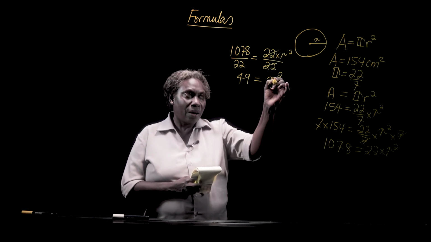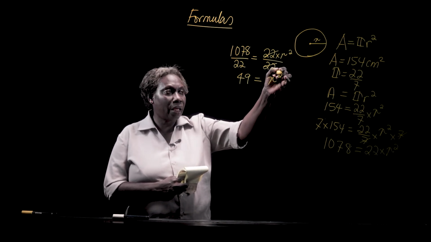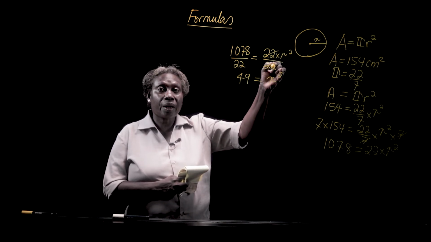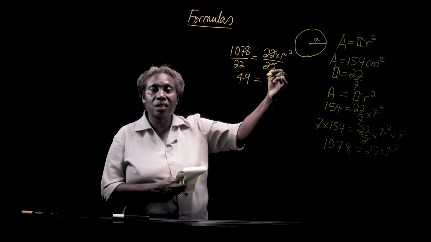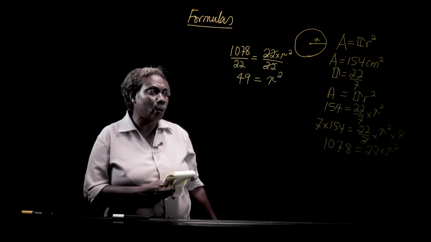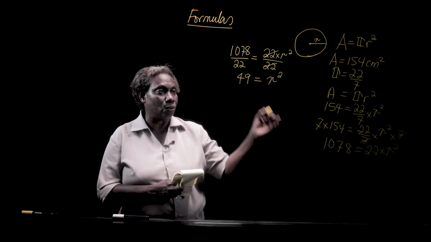Now, we have r on its own, but there's this 2, the square symbol at the top. So we carry out the opposite operation of square, which is square root. We take the square root on both sides of the equation so that we have r on its own.